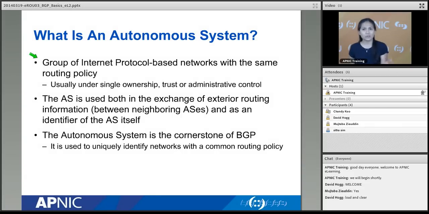By definition, it's a group of networks that operate under the same routing policy. An example of this is a multihomed provider's network or a customer's network. Each of these autonomous systems also has a unique number called an ASN. It's either 2 bytes or 4 bytes. It's a unique identifier. It allows your AS to exchange dynamic routing information with other autonomous systems. That's basically what BGP uses to do its exterior routing. You can say that the AS is the cornerstone of BGP.